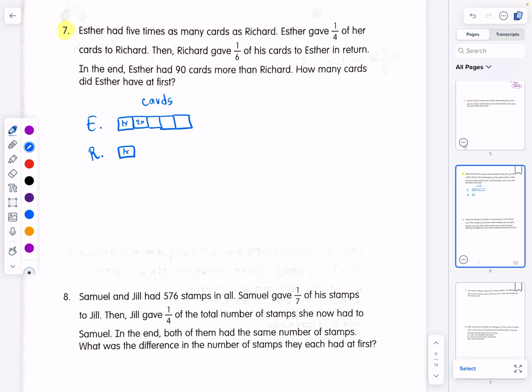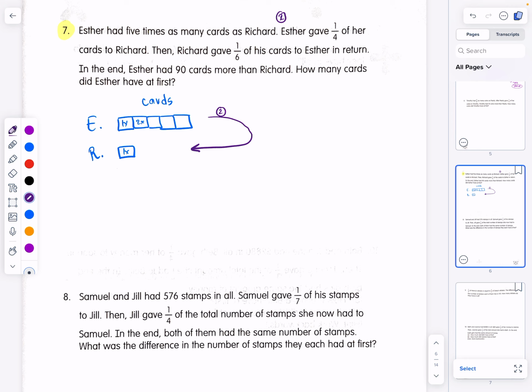Very good. What happened next? Esther gave 1/4 of her cards to Richard. This is the second sentence. She gave 1/4 of her cards. Well, she had 5 units, right?